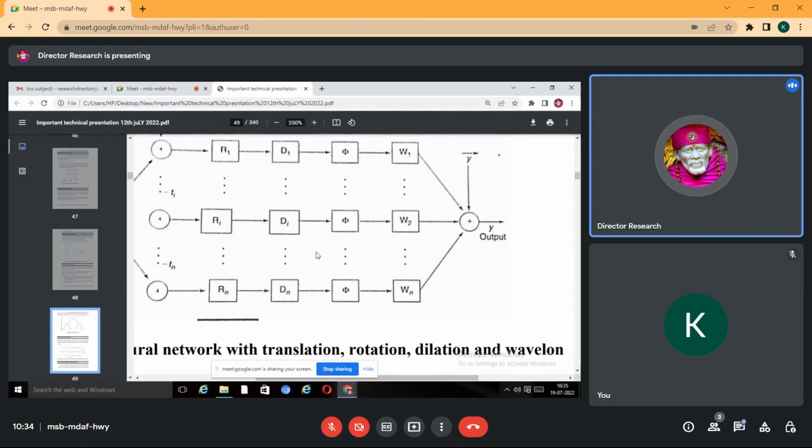It is a very important question for the exam, but you can write it very easily. Then the translation part, the wavelength part, and then the output. This is the thing.